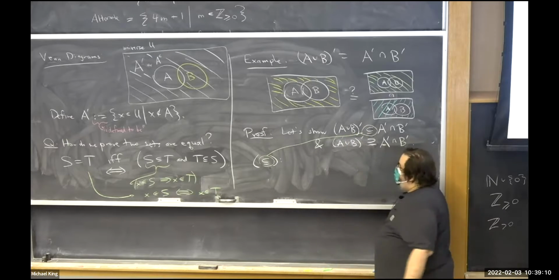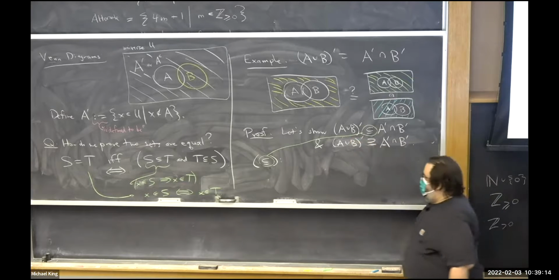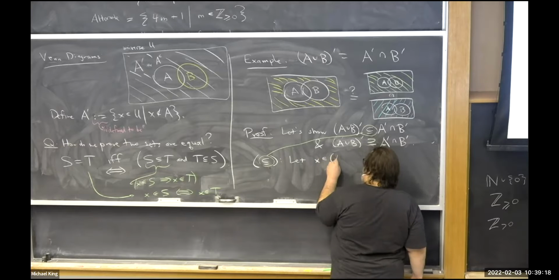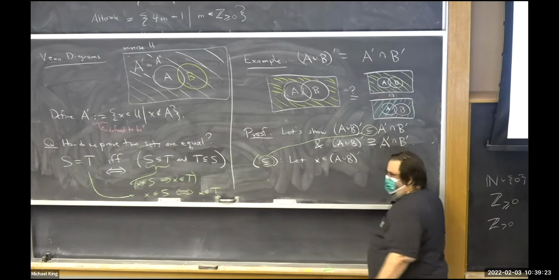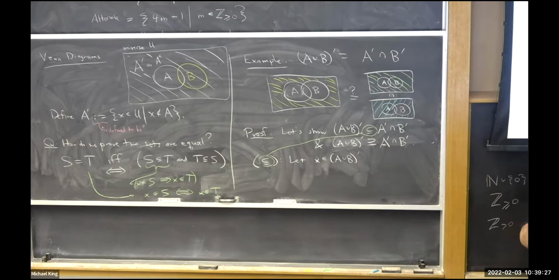Okay, and the way you're going to do it is you're going to let X be any element of this. So these are the kind of proofs you can sort of follow your nose on. The key step's going to be what Colin just said about the De Morgan law thing.